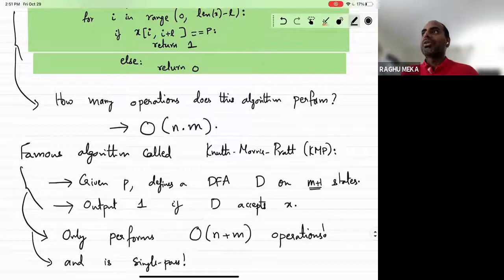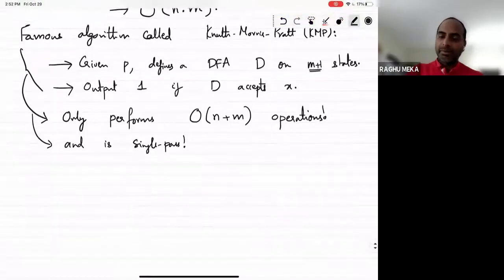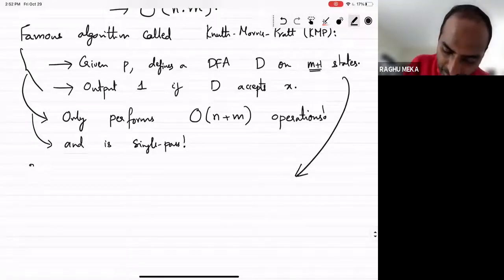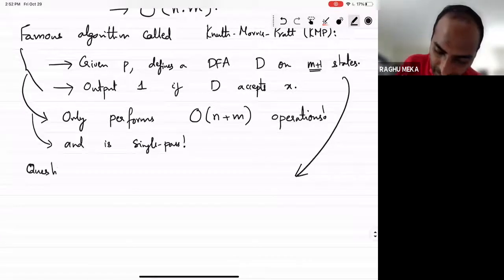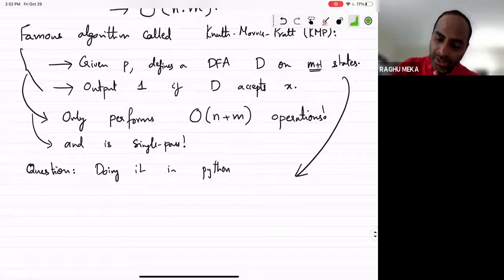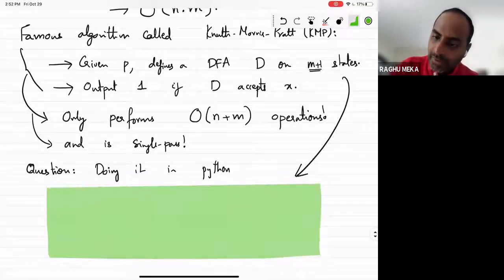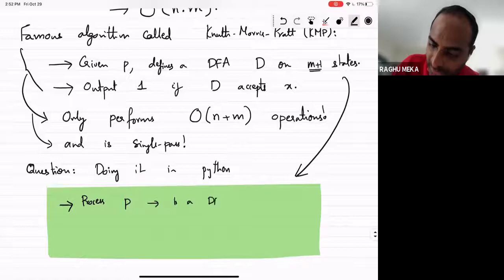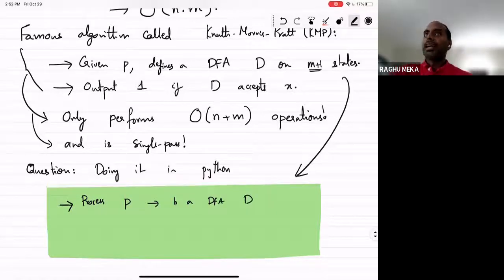Yeah, exactly. You don't even have to represent the DFA as a graph. You think of your DFA as being given by a 2D table. If you're doing it in Python, what you do is, first step, process P to a DFA D. What does this DFA do?